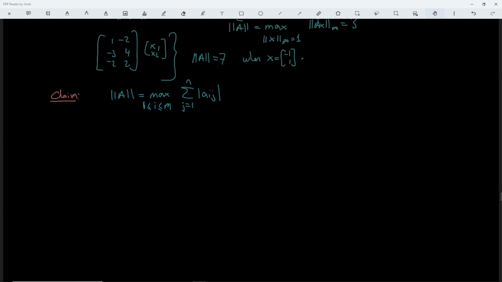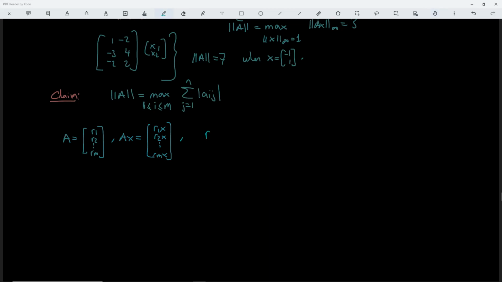In order to do that, as you see over here, it is related to rows of the A matrix. So I will try to write down the A matrix as rows. Let me write the A matrix as R1, R2, up to Rn. And if that is the case, A times x is equal to R1 times x, R2 times x, up to Rn times x.